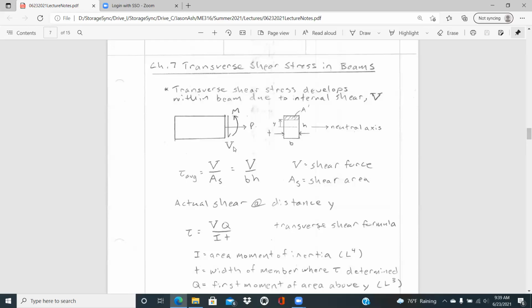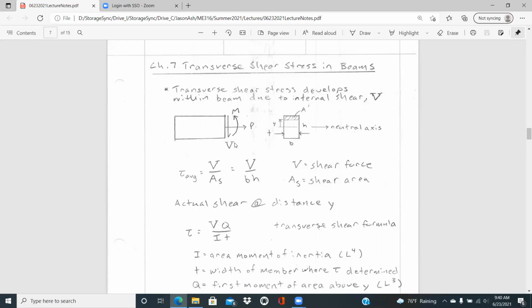And in that designation for our internal shear, I like to put the horizontal lines on top of the V to indicate that it's a capital V. When we get to chapter 12 next, we'll jump ahead to look at deflections of beams. We'll deal with the vertical deflection, which your book uses a lowercase v. So the line over the top on the shear force really helps designate that as the shear force.